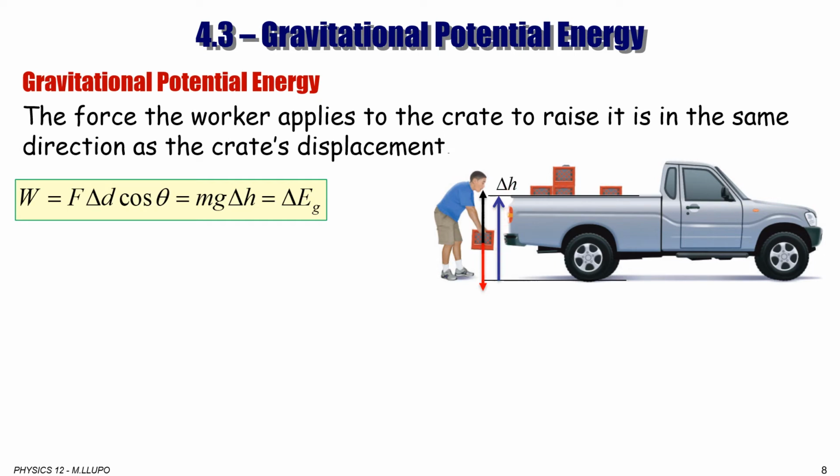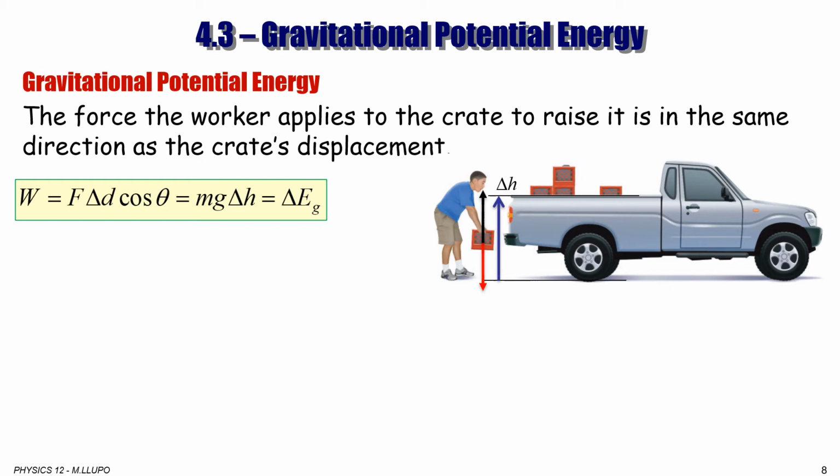And for cosine theta, theta is 0 because the direction of the applied force and the direction of displacement are the same. So the angle is 0, the cosine of the angle is 1, so that 1, you don't ever write it. So the work is equal to mg delta H.